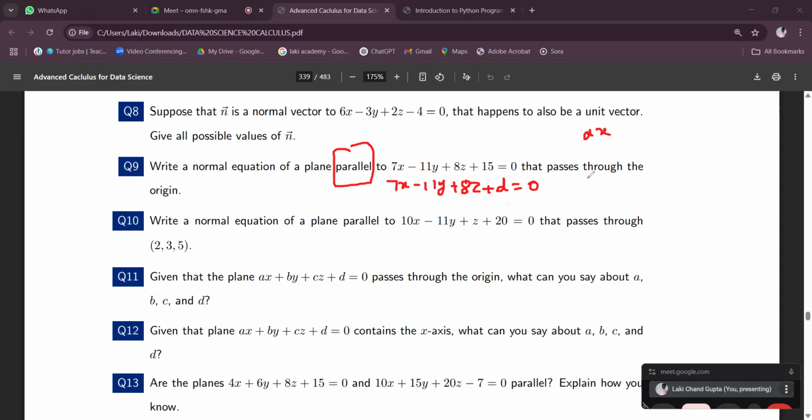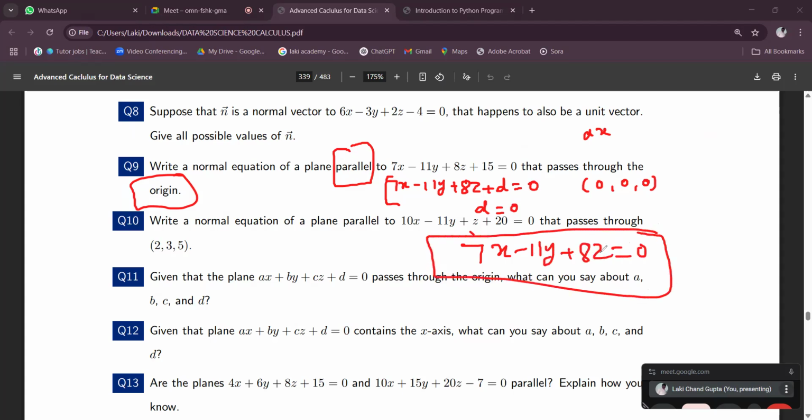But this equation passes through the origin. When you put 0 0 0 here, you will get d equal to 0. If d is 0, then the equation parallel to this is only this.